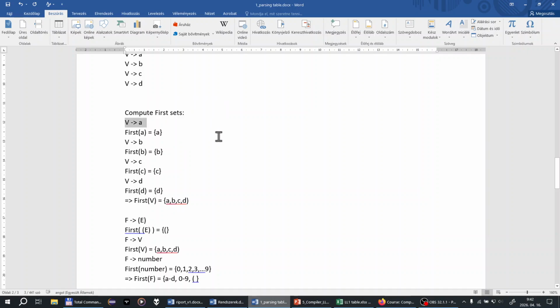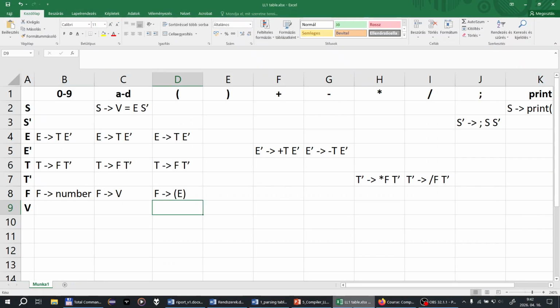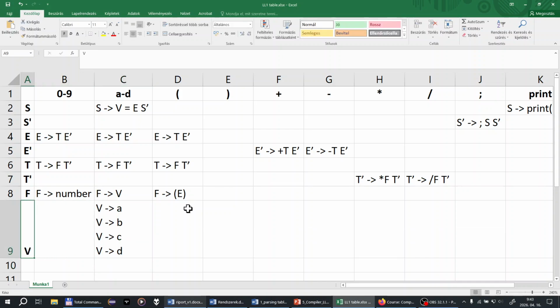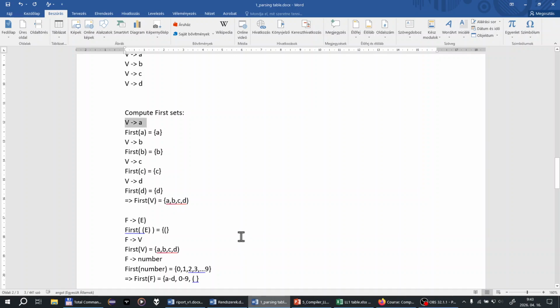We have V to A, B, C, D. It is either an A, a B, a C, or a D. Okay, it is fine. So the only thing remaining is to compute these follow sets.